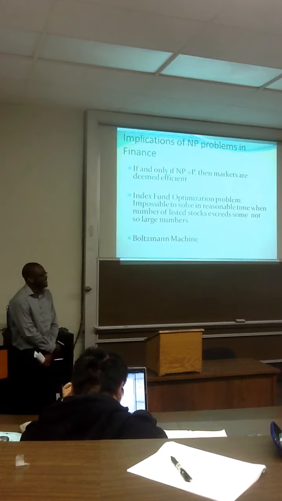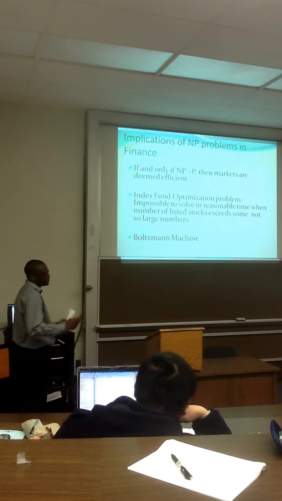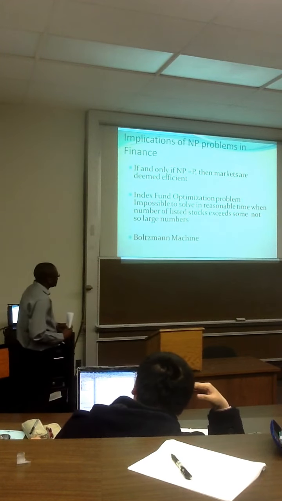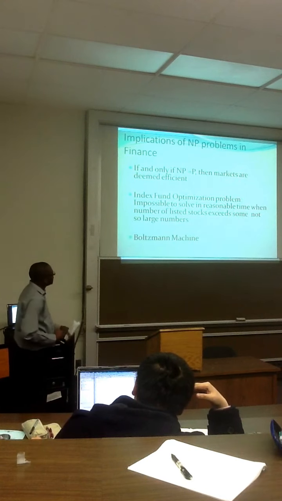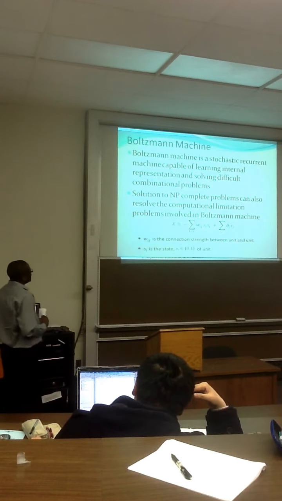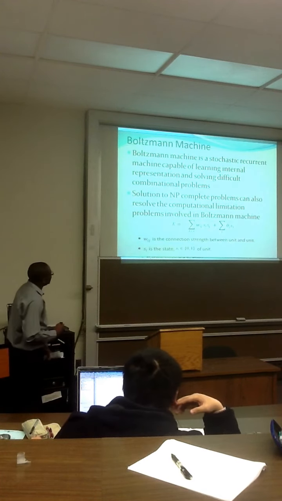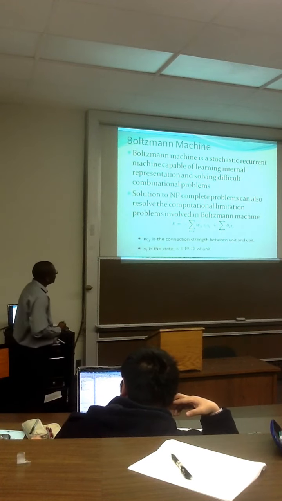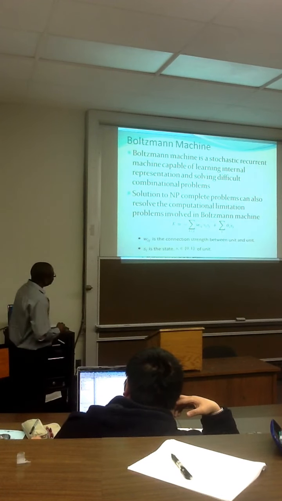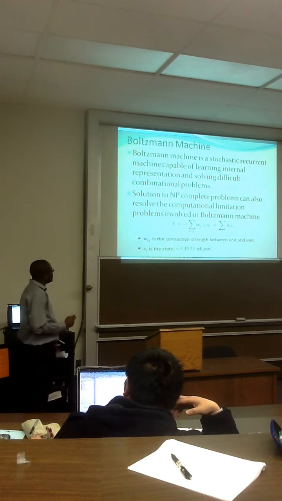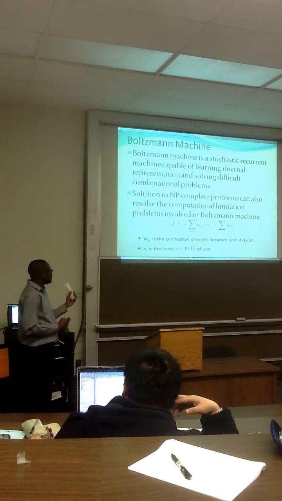In this optimization problem, I already talked about selecting stocks from a basket of stocks. And the Boltzmann machine. The Boltzmann machine is a stochastic recurrent machine capable of learning internal representation and solving difficult combinatorial problems. Solutions to NP-complete problems can also resolve computational limitations posed by the Boltzmann machine.